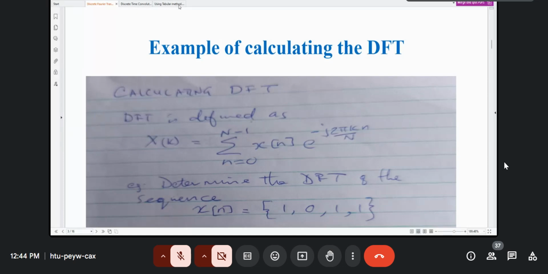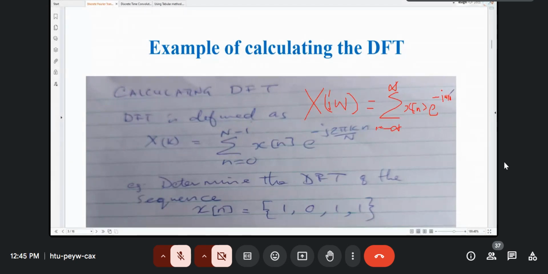The DFT, we know the DFT, which is X of e to the j omega. It is just the same thing. It will be equal to the sum from n equals negative infinity to infinity of x of n times e to the minus j omega n.